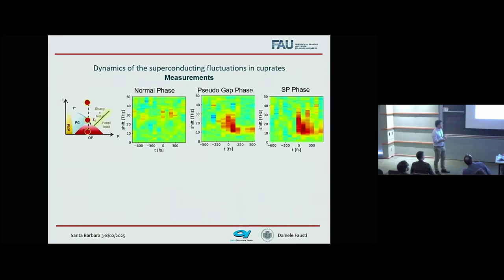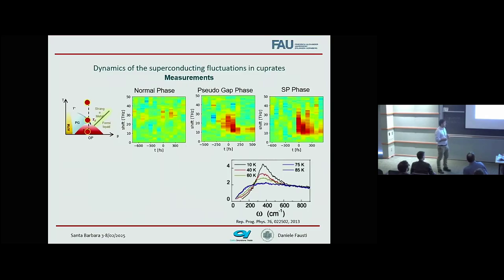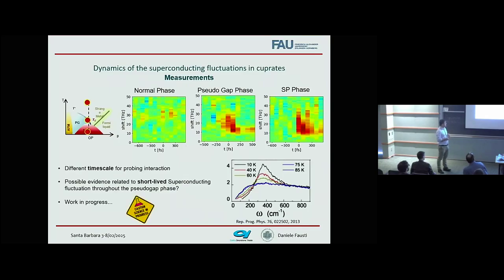And what was a bit of a surprise for us was the fact that we could observe features associated to this inelastic scattering throughout the pseudo-gap phase. This we connected, it's still work in progress, to the idea that if I probe the system on a short time scale, and the difference between the equilibrium Raman spectroscopy, where in the pseudo-gap phase there are no features associated to electronic Raman scattering, if I study the system on a short time scale with my snapshot interaction, I do see an inelastic scattering feature which is similar to the scattering features I have in the superconducting state.